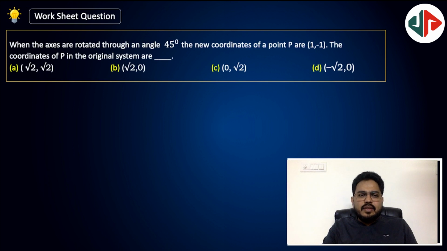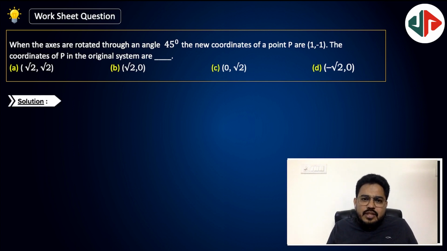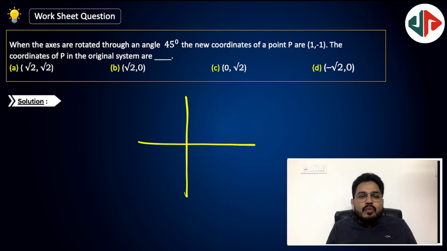When the axes are rotated through an angle of 45 degrees, find the new coordinates of the point P (1, minus 1) given its coordinates in the original system. So it is almost similar to the previous question. When the axes rotate, what are the new coordinates of the point 1 comma minus 1? 1 comma minus 1 is here, so the new coordinate system will be this one.